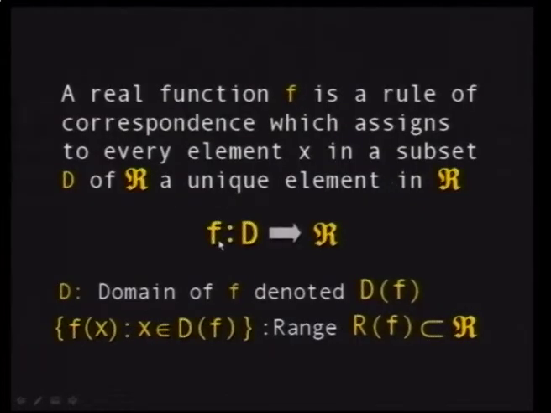So we can say that our real function maps D into R, from the domain to the set of real numbers. D stands for the domain, and the totality of all f of x in the codomain we call the range of f, and of course it would be a subset of R.